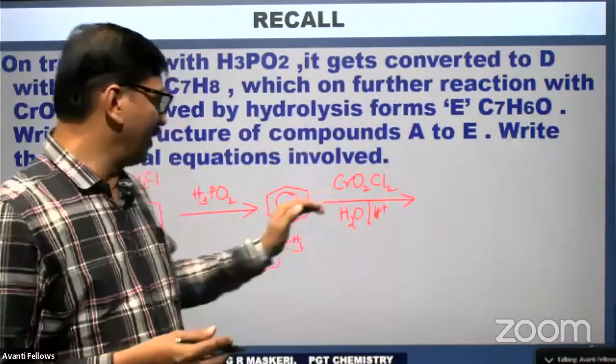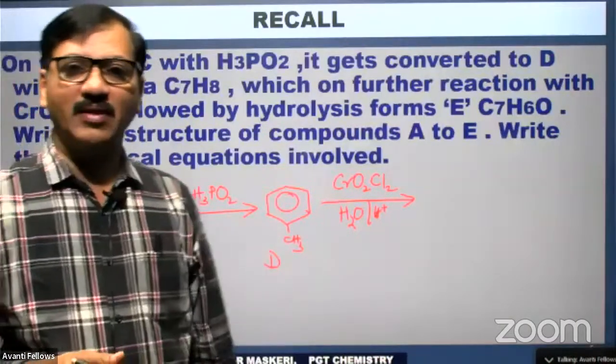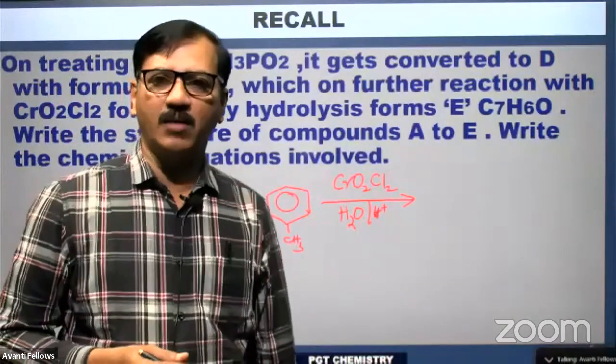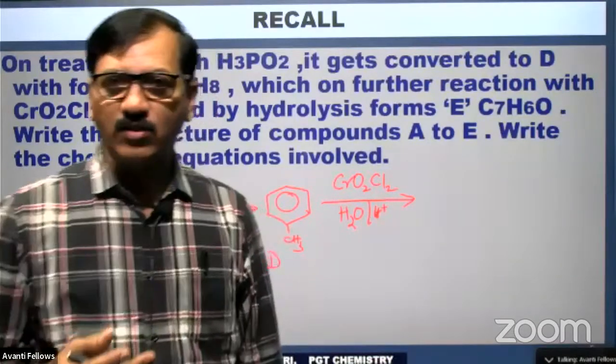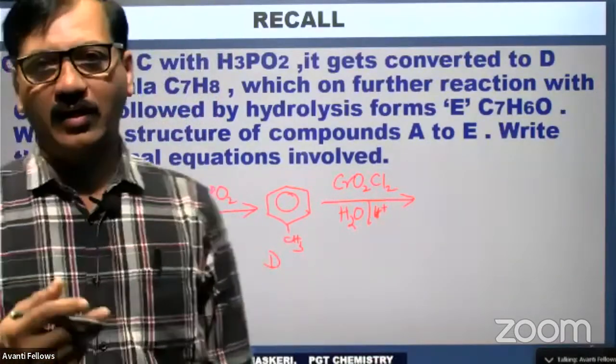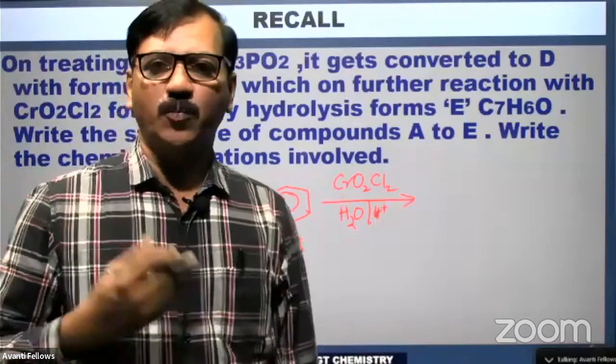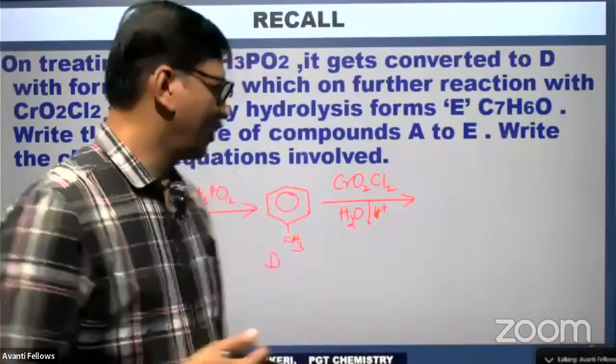So you have studied that toluene or methyl benzene on oxidation with chromyl chloride in CS2 will give benzaldehyde, right? This is the method of preparation of benzaldehyde, right?